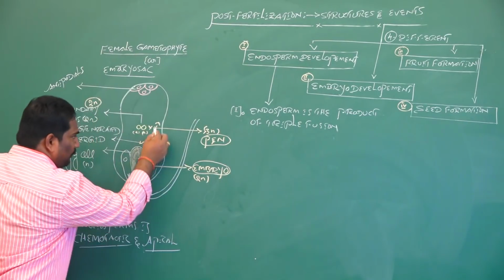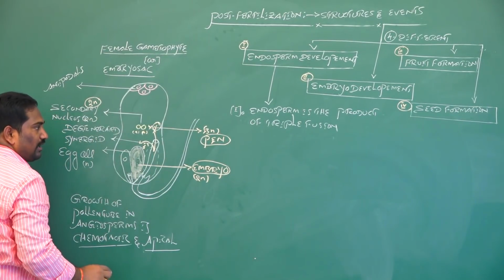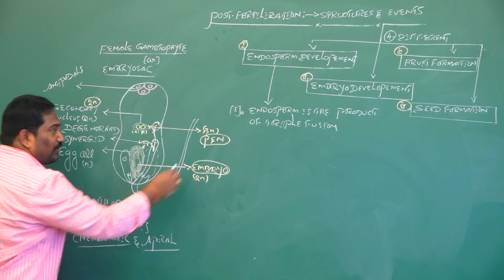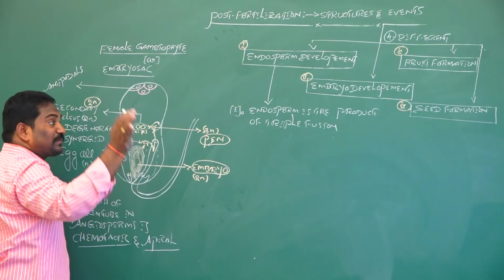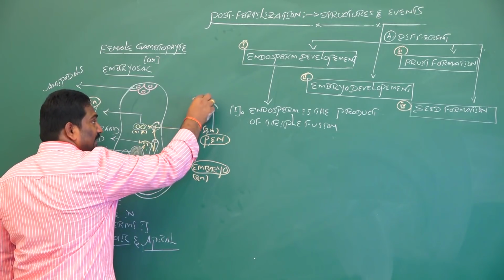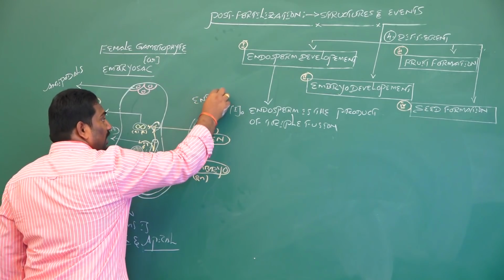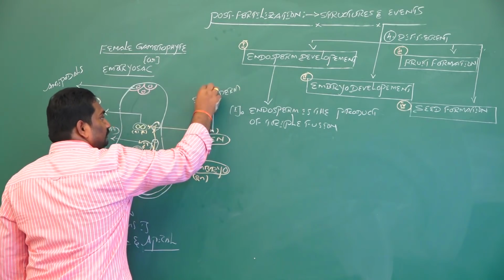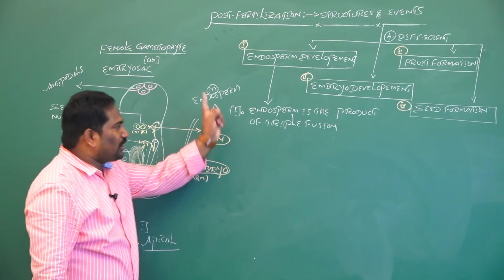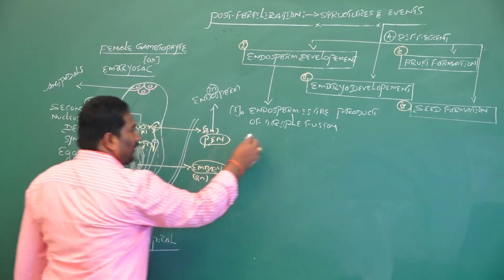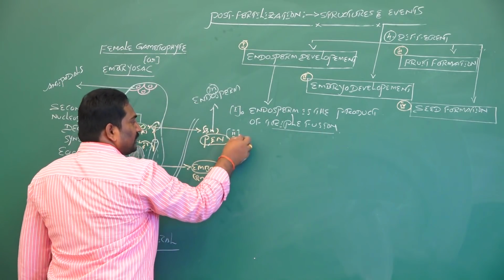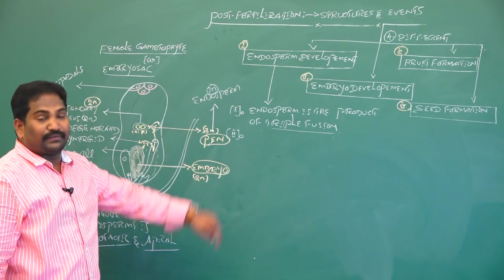When the second haploid male gamete fuses with the diploid secondary nucleus to form the triploid primary endosperm nucleus, this triploid primary endosperm nucleus can develop into triploid endosperm. So the formation of endosperm is the product of triple fusion. It is the first characteristic feature of endosperm.